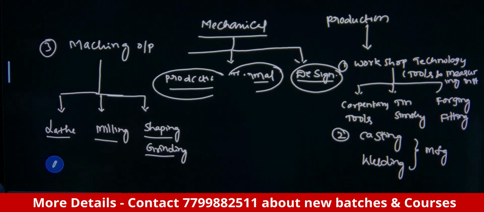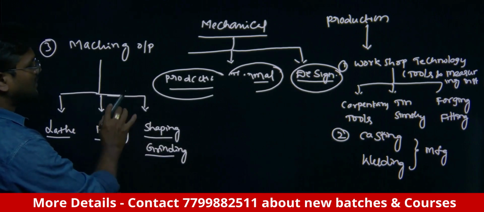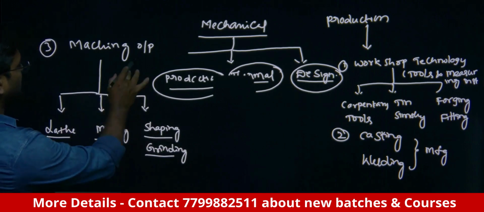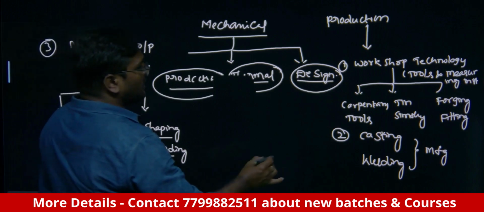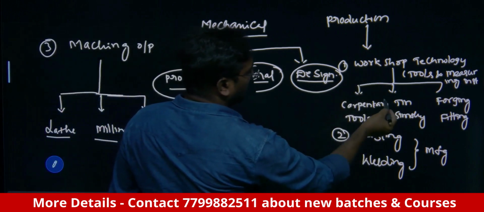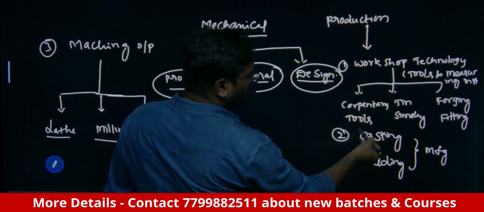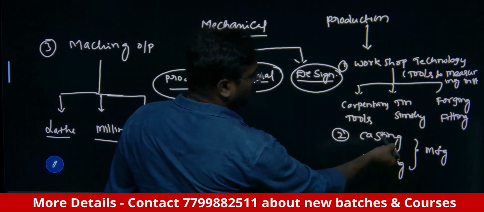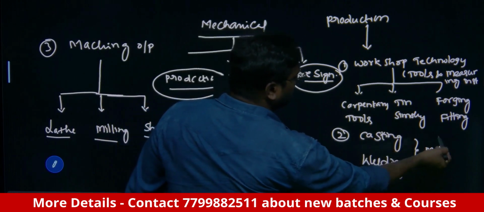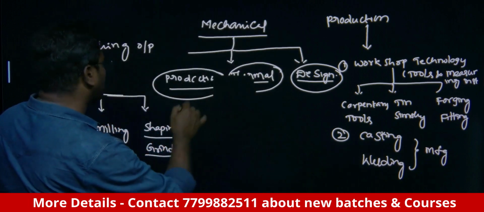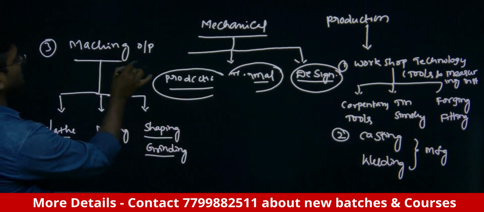I will tell you each and everything. Just what I am saying is the outline. See, in workshop technology, we are using tools. Casting and welding come under manufacturing methods. And after manufacturing methods, we are going to do machining operations.